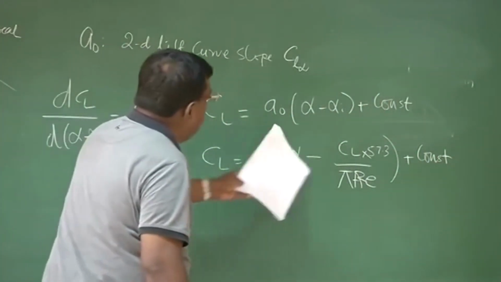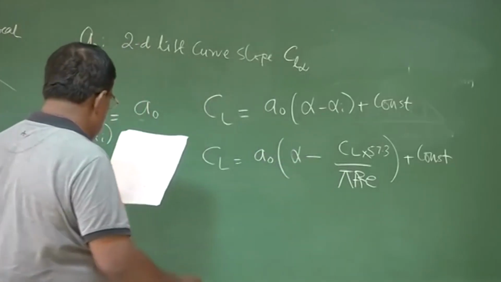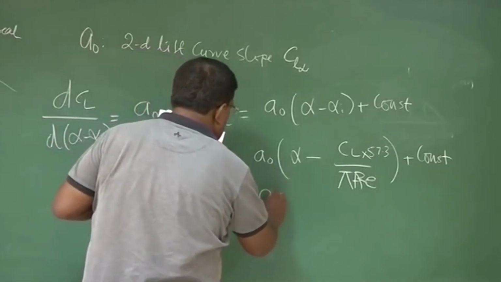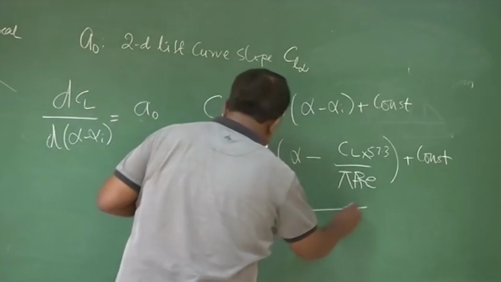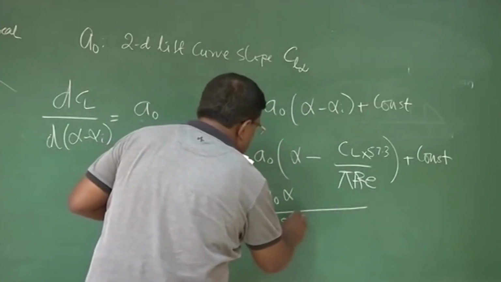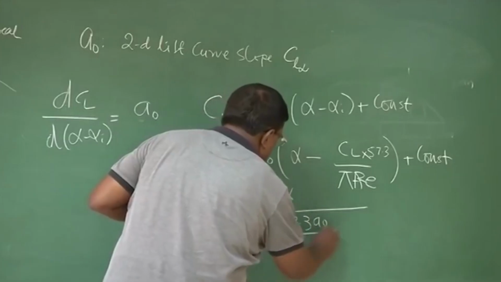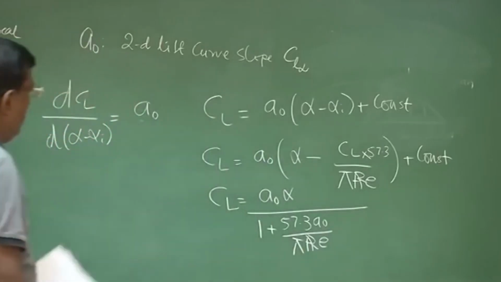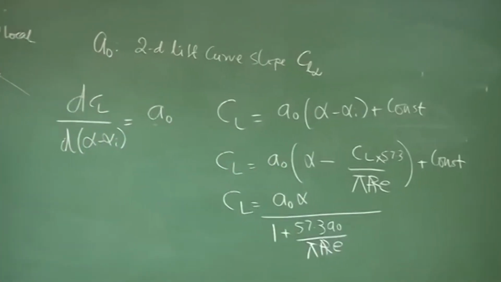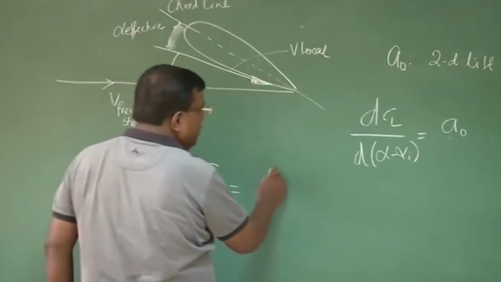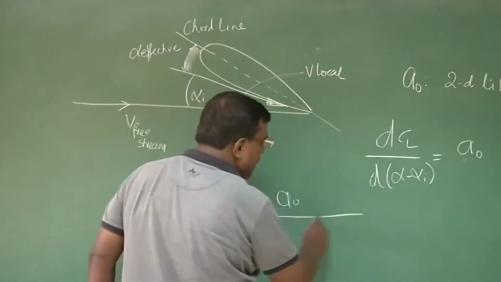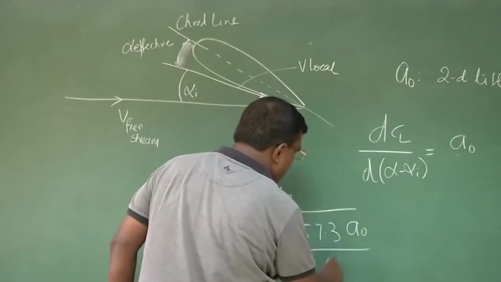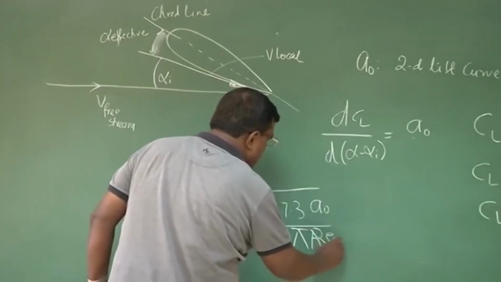If I now do some algebraic manipulation, I find CL equals a0 alpha by 1 plus 57.3 a0 by pi aspect ratio e. Or I can write dCL by d alpha equal to a0 divided by 1 plus 57.3 a0 by pi aspect ratio e.